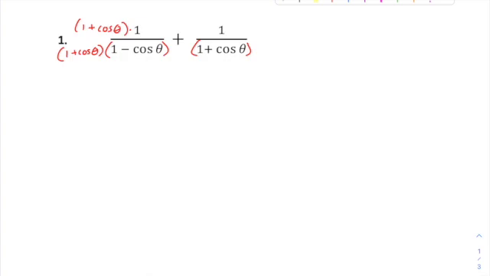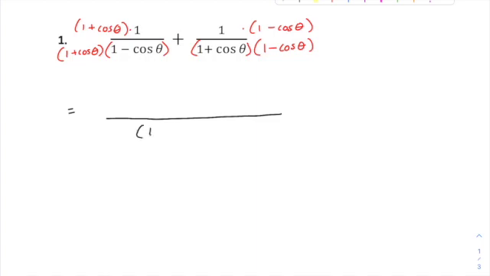This second fraction needs to be multiplied by 1 minus cosine of theta, so I need to multiply that numerator by 1 minus cosine of theta. And now I'm going to put them over that common denominator of 1 plus cosine of theta times 1 minus cosine of theta.